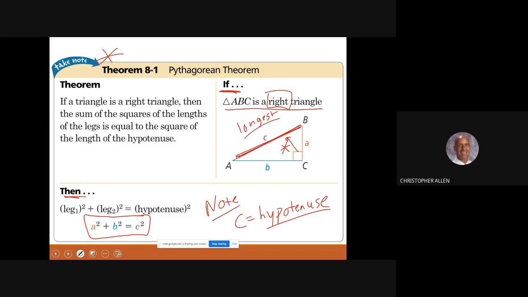So let me say it again. If this triangle is a right triangle, then a squared plus b squared is equal to c squared, where c is the hypotenuse. The other two sides, by the way, we call those legs. We already talked about that part.